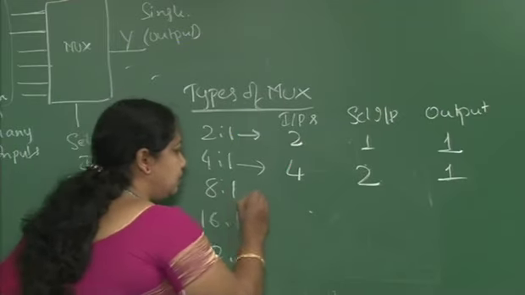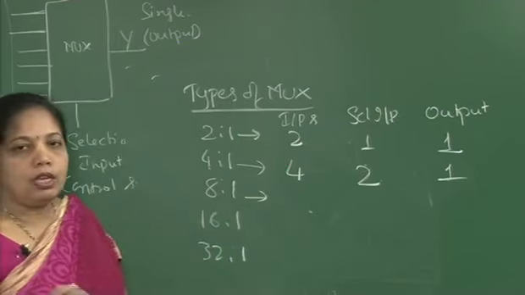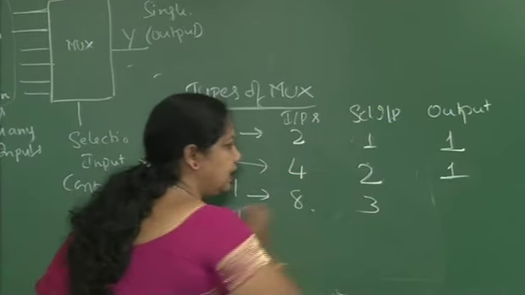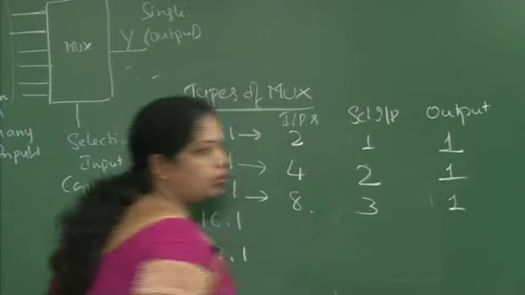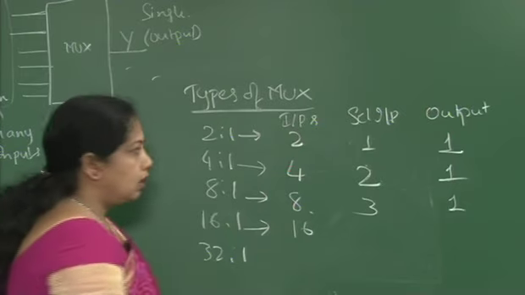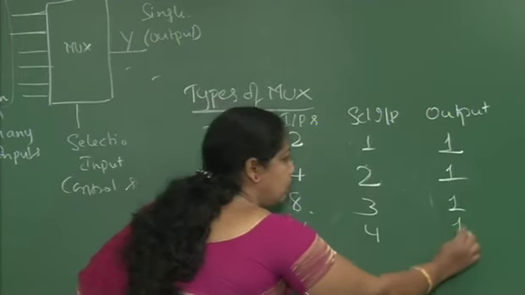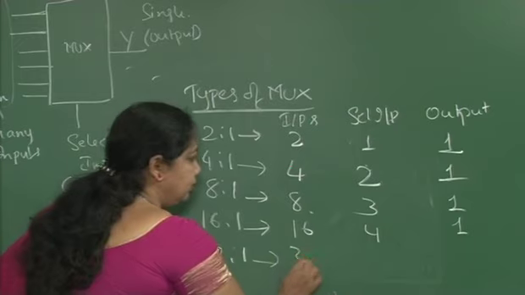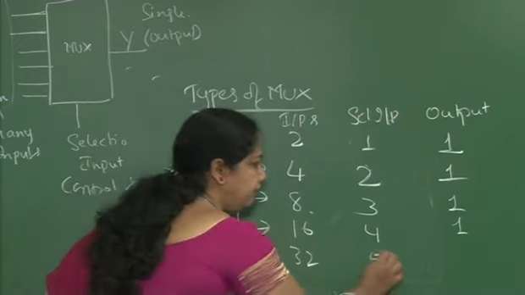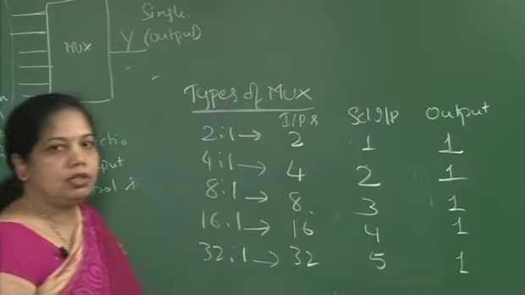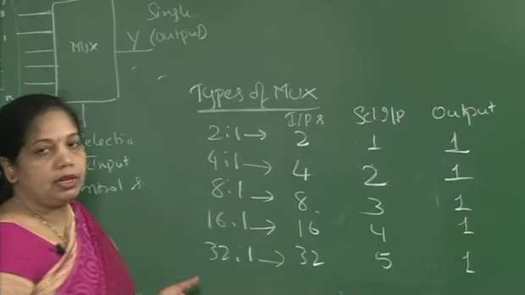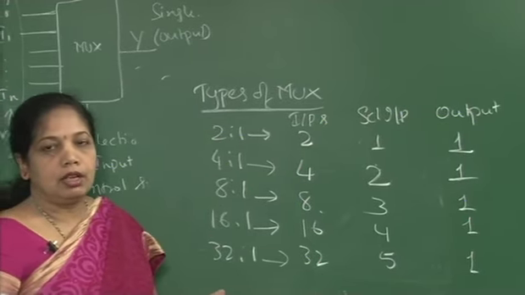Coming to 8:1 mux: 8 inputs, 3 selection lines, 1 output. Then 16 inputs, 4 selection lines and 1 output; 32 inputs, 5 selection lines and 1 output. This is how we see the different combinations of multiplexers available.